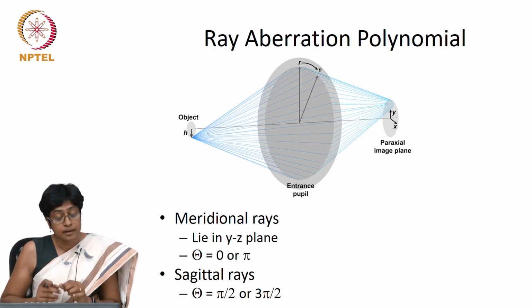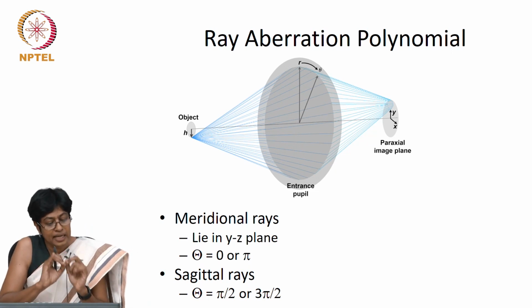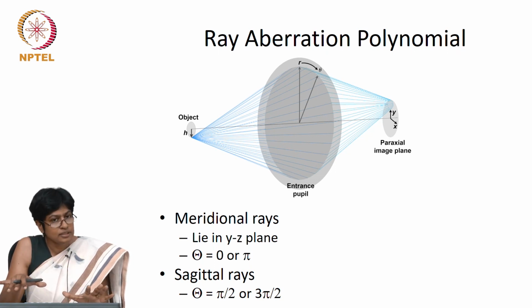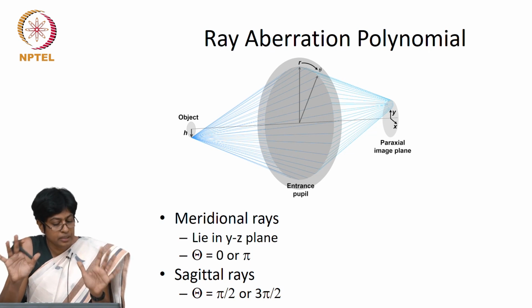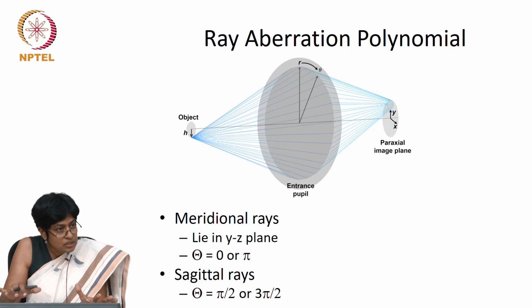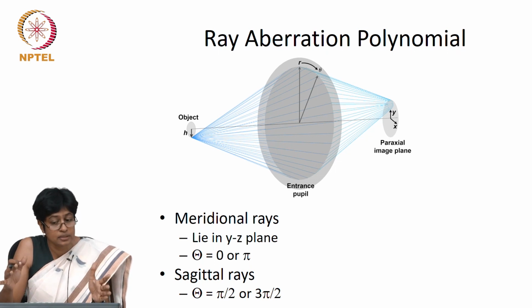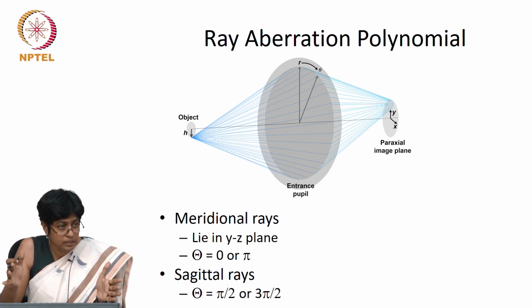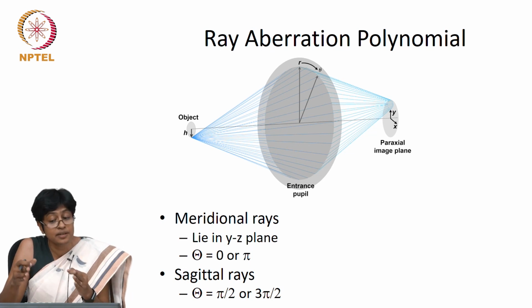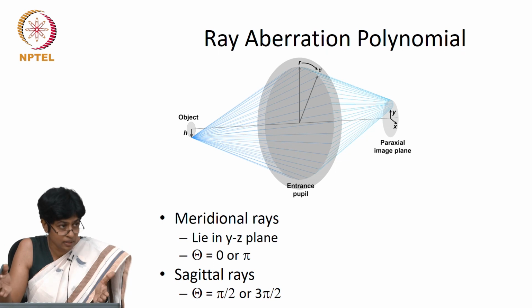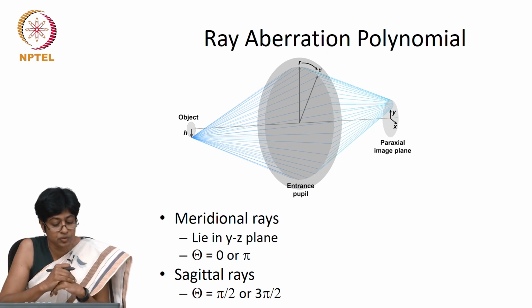Now, again, I need to be specific about the types of rays that are going to go through this system. So let's revisit our definition of the meridional ray. We said it's the ray that lies in the YZ plane, and maybe this figure makes it a little easier to understand. It's the same thing, but to make it easier to picture, think of it as the rays that have angle theta as either 0 or pi, in the terms that we have given here.